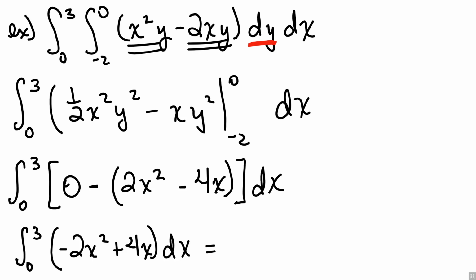So if we find the antiderivative of this, what do we get? -2/3 x cubed plus 2x squared, and we're going to evaluate from 0 to 3.